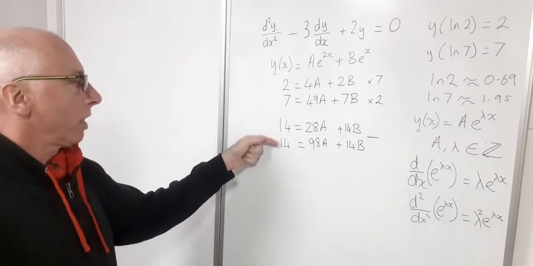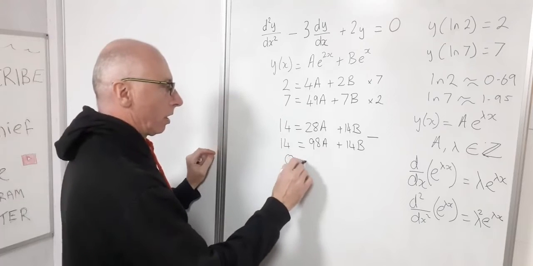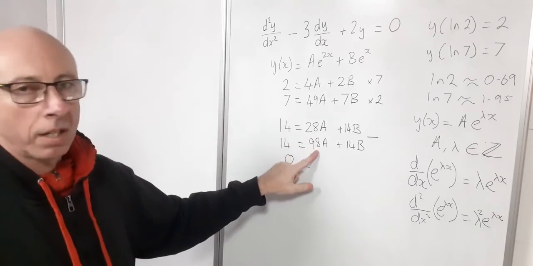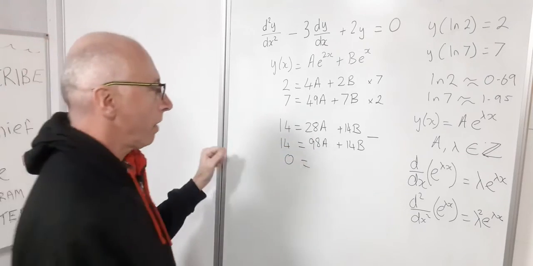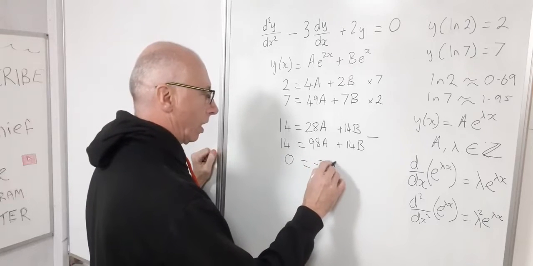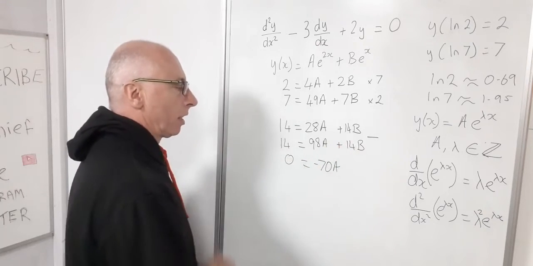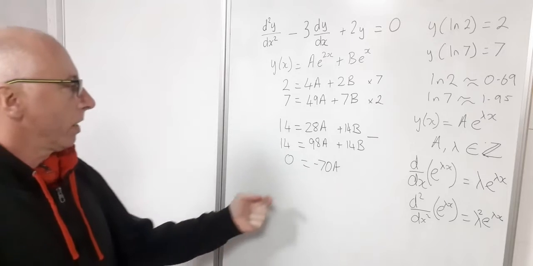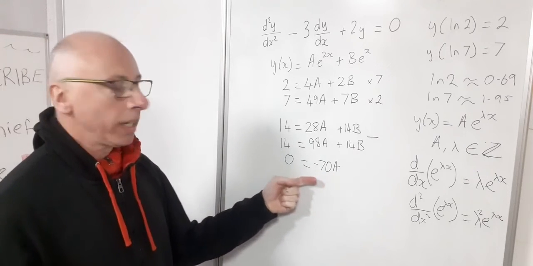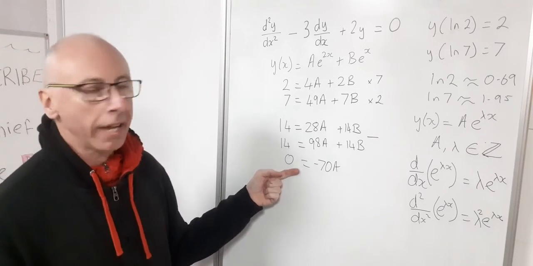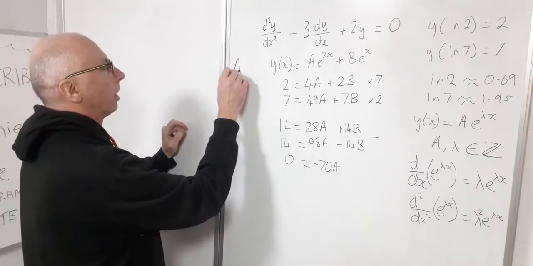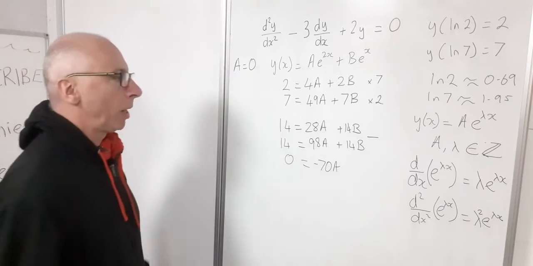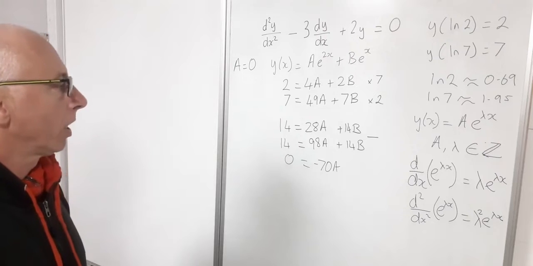So now if I subtract these terms, I'll have a 0. 28a minus 98a is going to give me minus 70a. And then these are going to disappear. Okay, so now I've got minus 70a equals 0. So therefore my a equals 0. We can definitely conclude that from that part of our equation.